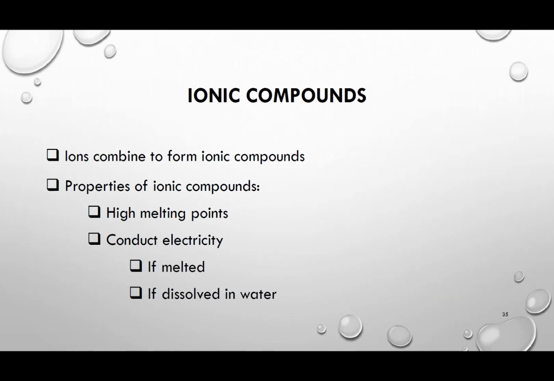Now let's talk about ionic compounds. Ionic compounds, the name defines it. It's made of ions. Then ions make ionic compounds. What are the characteristics of ionic compounds? They have high melting point. They are good conductors of heat and electricity only if they are melted or dissolved in water.